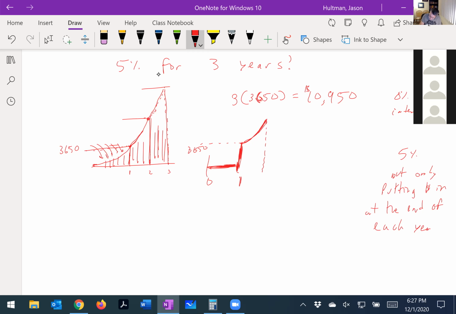Then I increase by another 3,650. Then I make money off of everything, the interest and the principal of both of these.